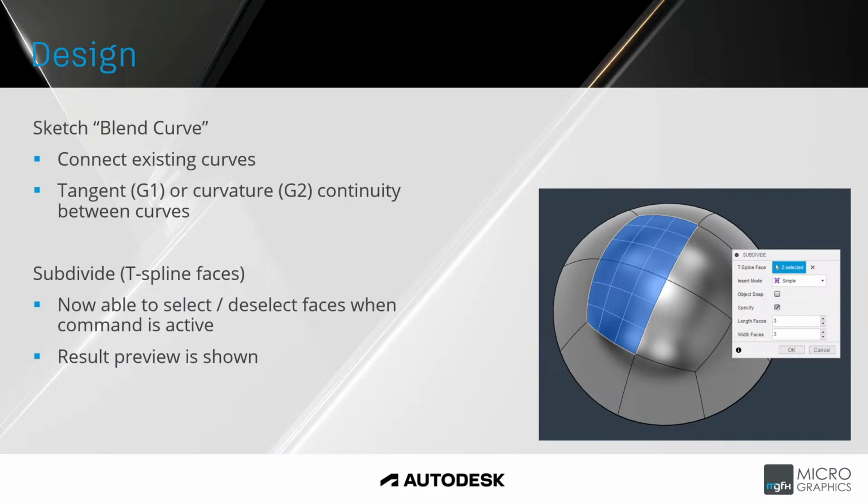So as you select the face to divide, that preview is shown on the face. We can see on the right hand side there the two faces selected with the specified division of 3 length and width faces. Once again, we'll also see this in a demo that I will do a little bit later on that will cover these slides.